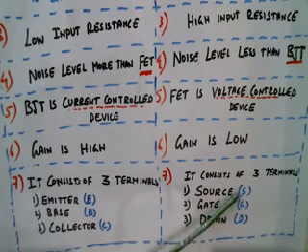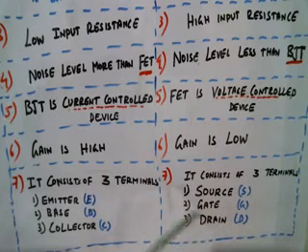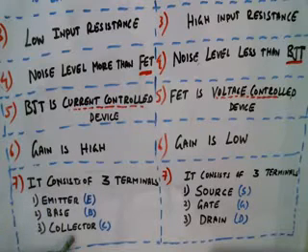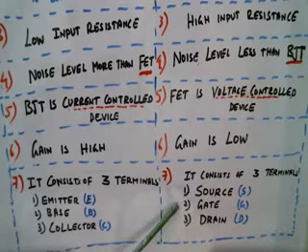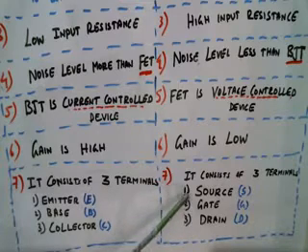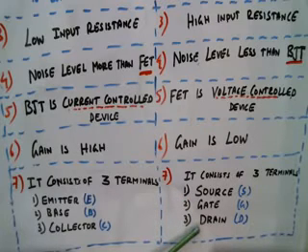Source is represented by S, gate is represented by G, drain is represented by D. Here the emitter emits the charge carriers and the collector collects the charge carriers, and the base is a thin region between emitter and collector. Here also, source is the terminal through which charge carriers enter the device, and drain is the terminal through which charge carriers leave the device.